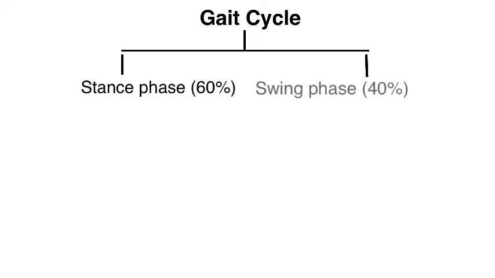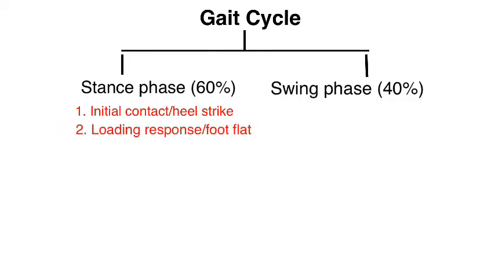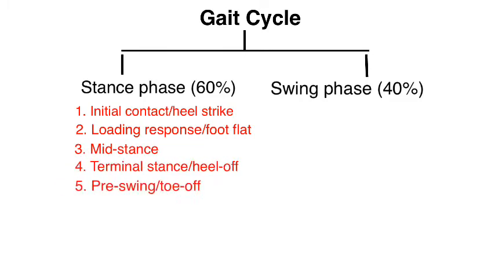The swing phase comprises 40% of the gait cycle and occurs when the reference limb is not in contact with the ground. Under stance phase, first is heel strike, the second is loading response or foot flat, the third is mid stance, fourth is terminal stance or heel off, and fifth is pre-swing, also called toe off.